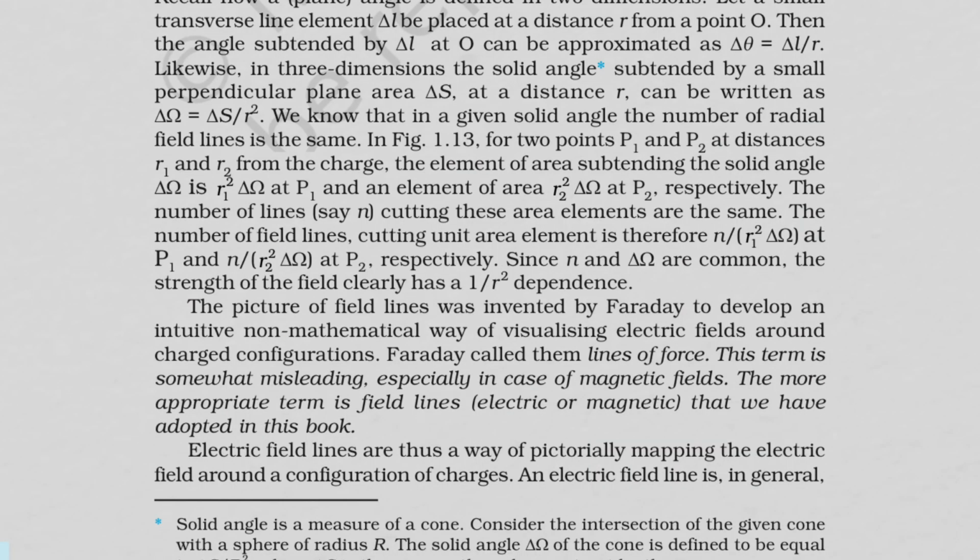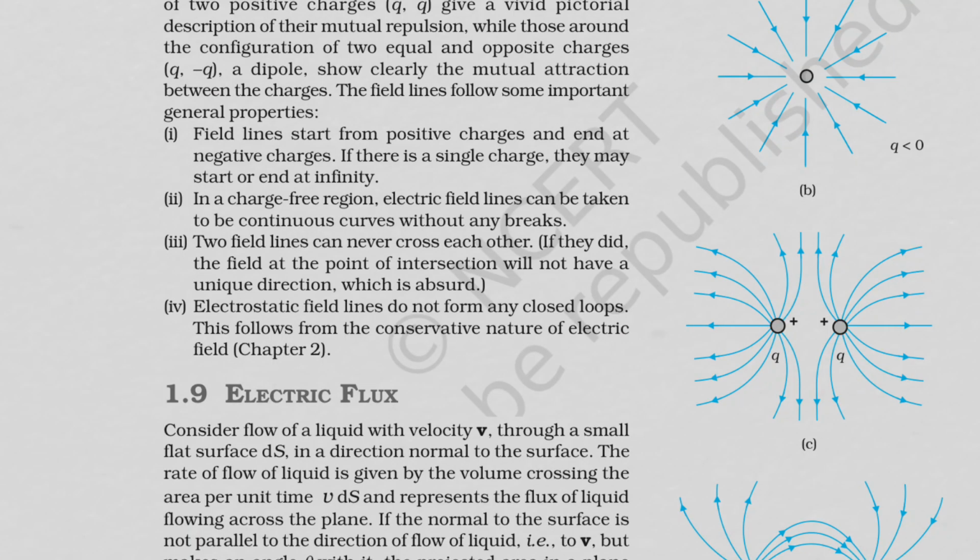Faraday called it the lines of force, but the better description is field lines. So we use field lines, and this is what we are adopting in this book. Alright, now these are the final things about field lines. There are 4 things that you need to keep in mind. The field lines follow some important general properties.